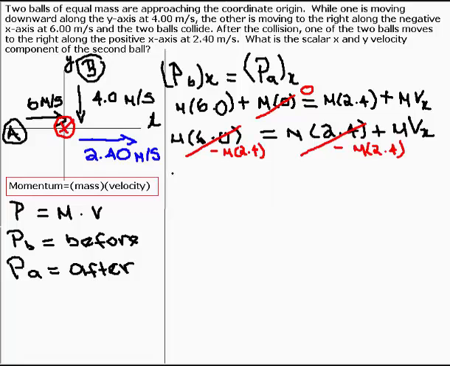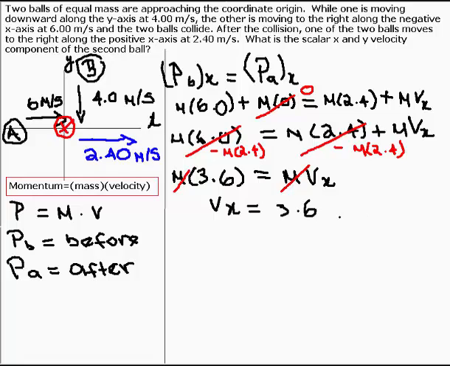This leaves us simply with m times 3.6, which equals m vx. We can cancel out the masses. This leaves us with Vx equals 3.6 meters per second. We'll repeat the same thing for the y coordinate now.